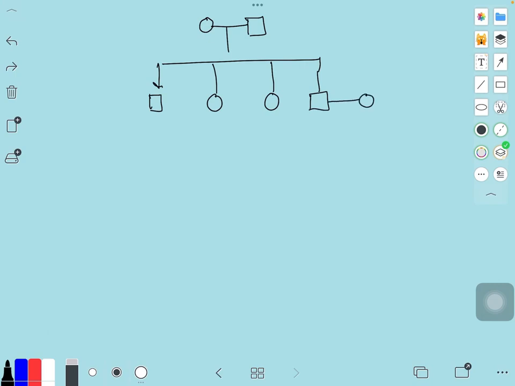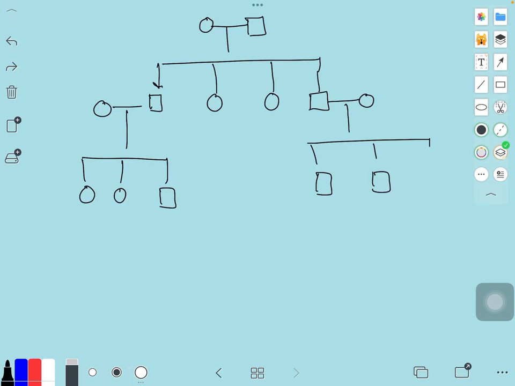Both of the males got married and had 3 children. Again, over here, got married and had children. 1, 2, 3. Both of them 3, 3. One girl, one boy, or however you like. Okay. And hope you are aware of how we add the generations: first generation, second generation, and this is the third generation.